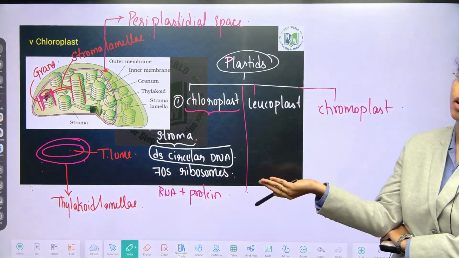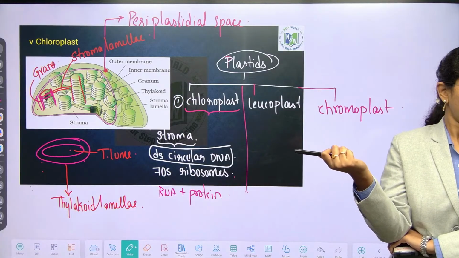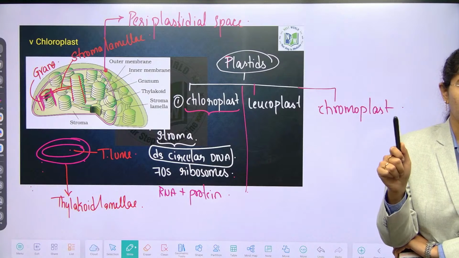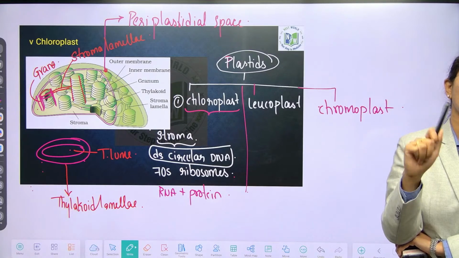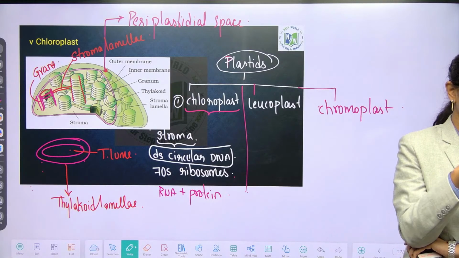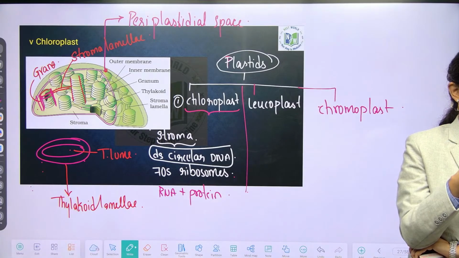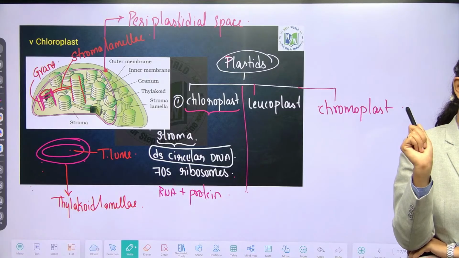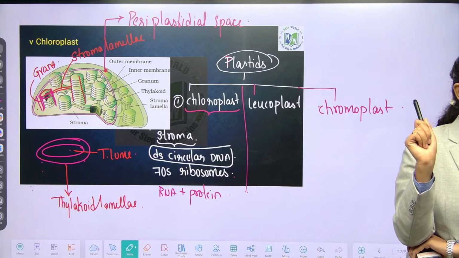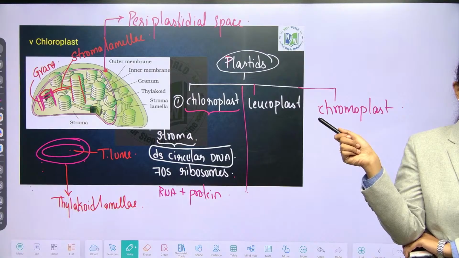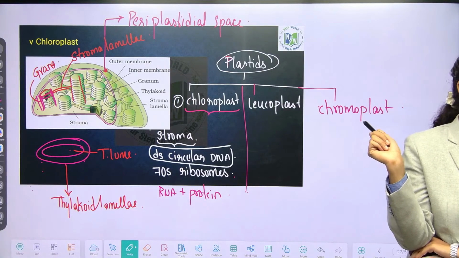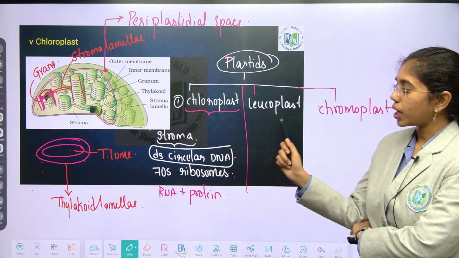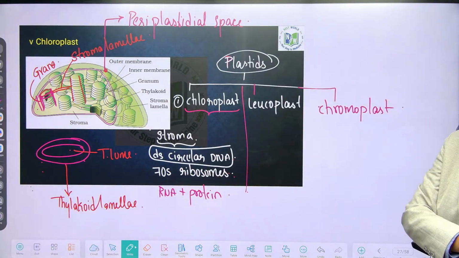Because they have their own DNA, they are addressed as semi-autonomous or self-duplicating cell organelles, and they take care of their own protein synthesis. Double-stranded circular DNA, 70S ribosomes, RNA and proteins are the constituents of stroma.